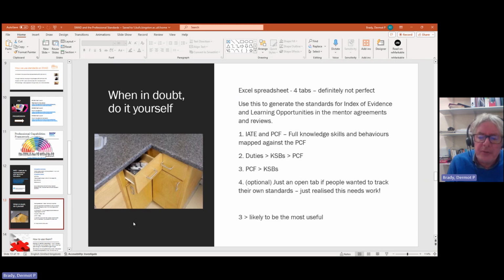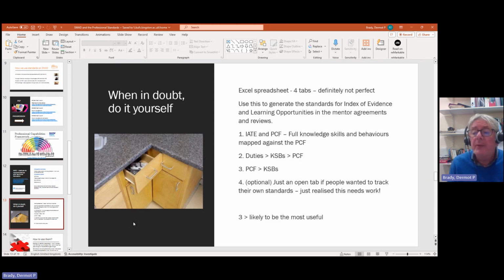But I think it's good enough as a tool, a little mapping tool, to be useful to the apprentices in gathering their evidence. It's essentially an Excel spreadsheet, and there are 4 tabs on it.